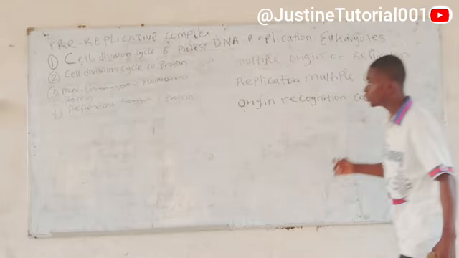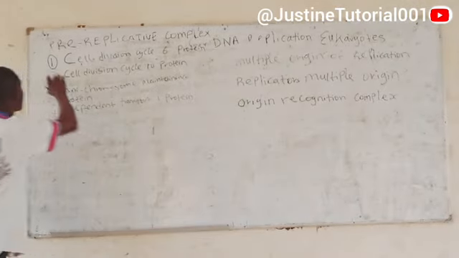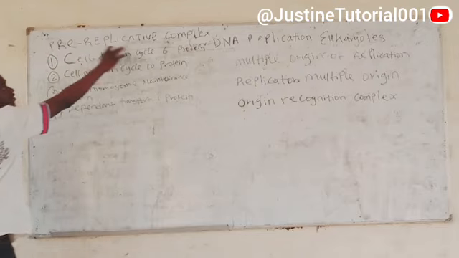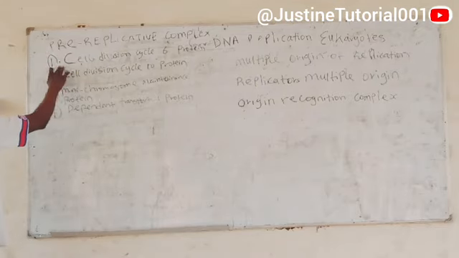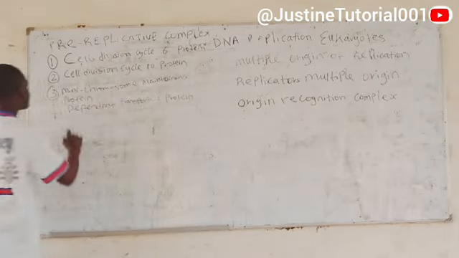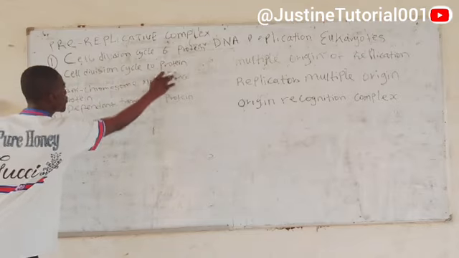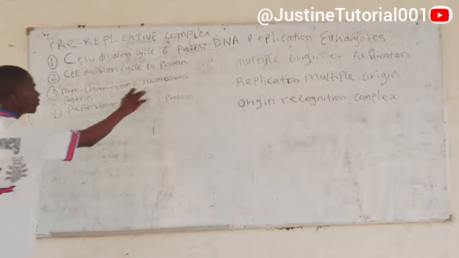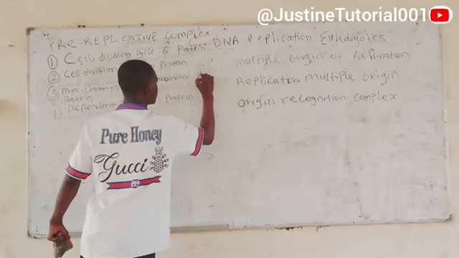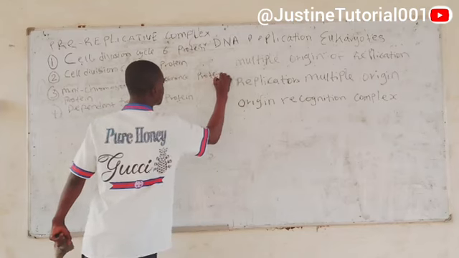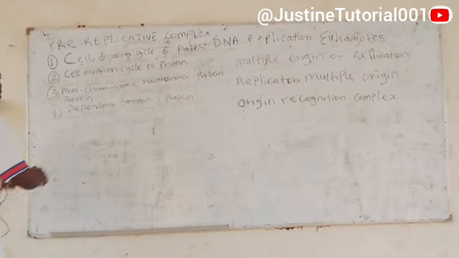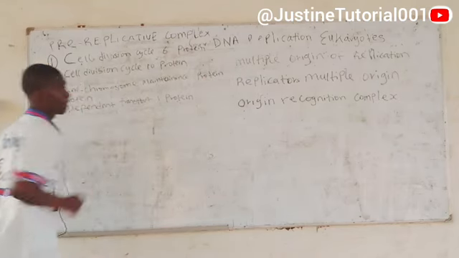For the establishment of this pre-replicative complex: the cell division cycle 6 protein, the cell division cycle 10 protein, the mini chromosome maintenance protein, the dependent transport 1 proteins.